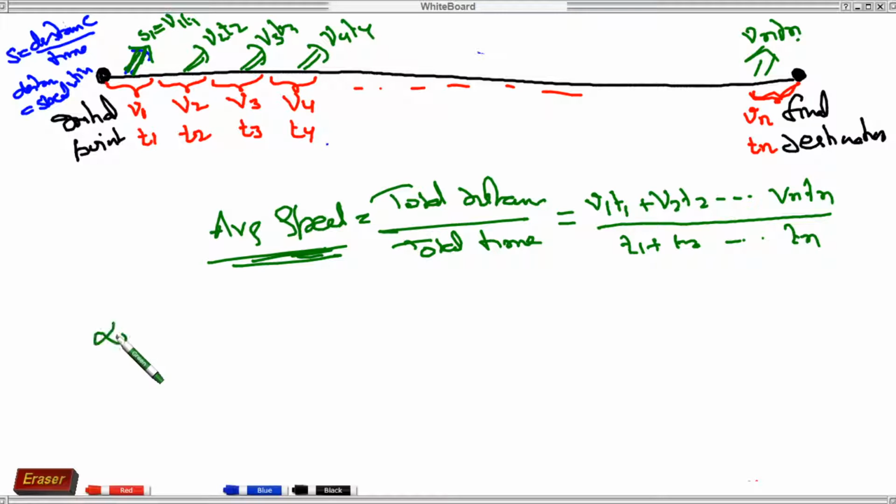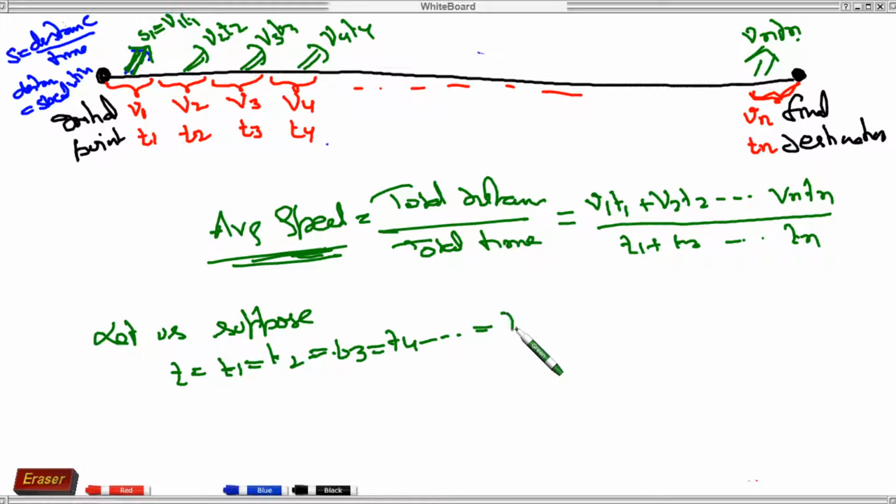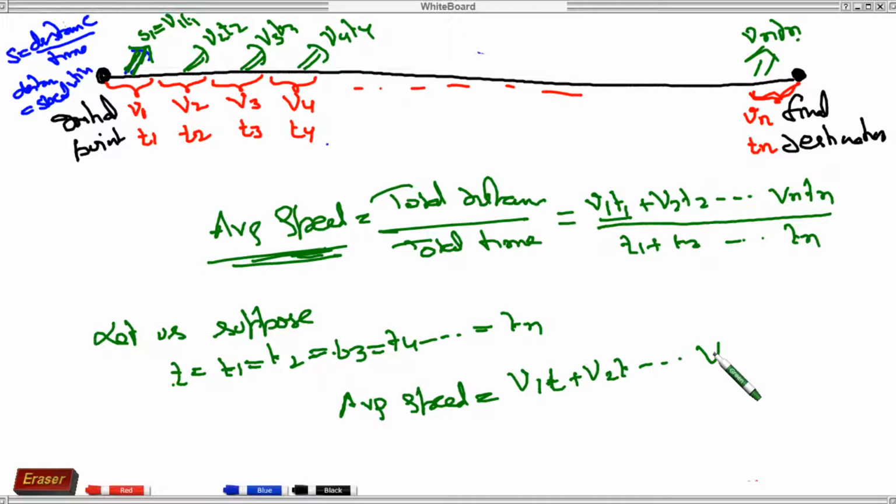Okay, so let us suppose a case in which t1 is equal to t2 is equal to t3 is equal to t4 and so on to tn. So all these times are equal to t. So what would be the average speed in that case? Average speed will be equal to v1 t plus v2 t and so on to vn t, over t plus t and so on to t.